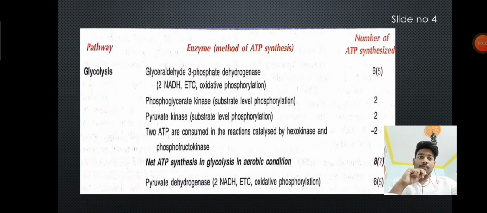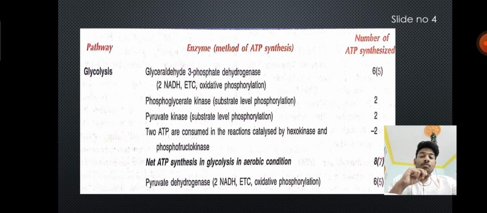Let us discuss about energetics of glycolysis. Glyceraldehyde 3-phosphate dehydrogenase acts on glyceraldehyde 3-phosphate and converts it into 1,3-bisphosphoglycerate. During this process, a molecule of NADH is generated, and by the action of enzyme phosphoglycerokinase on 1,3-bisphosphoglycerate, it is converted into 3-phosphoglycerate.